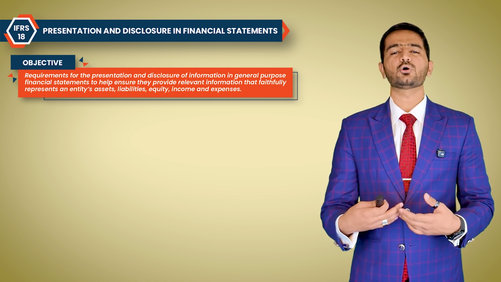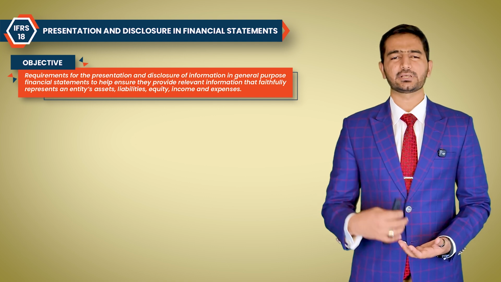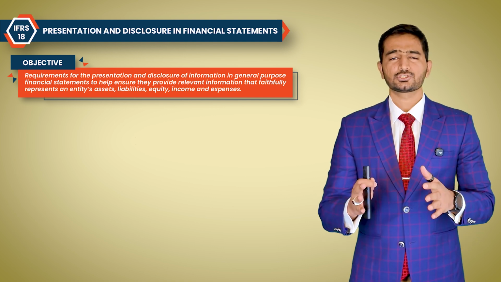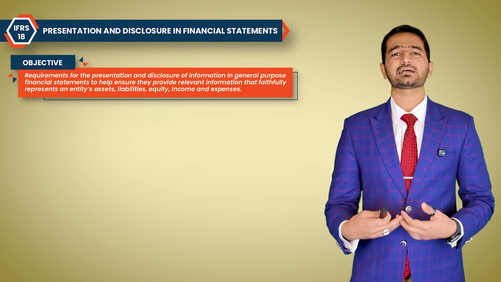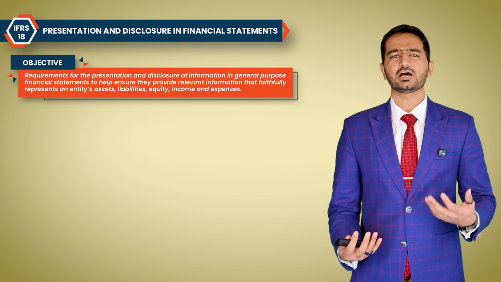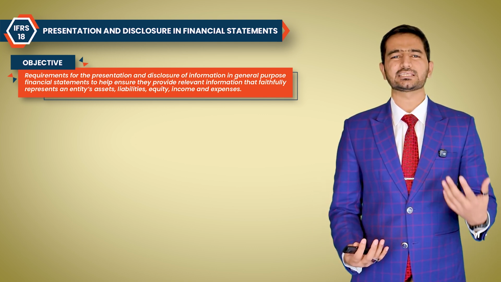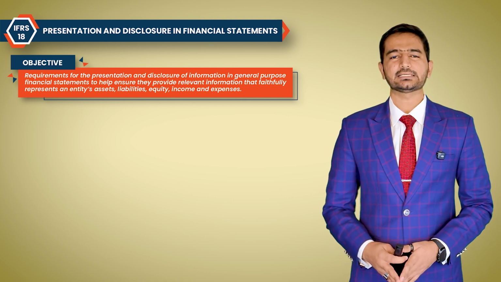What's the point of having all the right numbers if the users cannot understand and interpret them, right? So my friends, IFRS 18 ensures that your financial statements tell a consistent story, focus on what matters, and avoid becoming a jigsaw puzzle for the stakeholders trying to figure out what's going on. Are we clear on that?